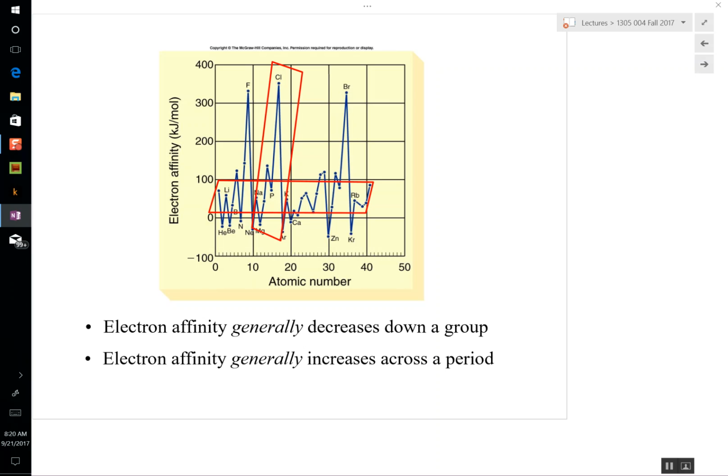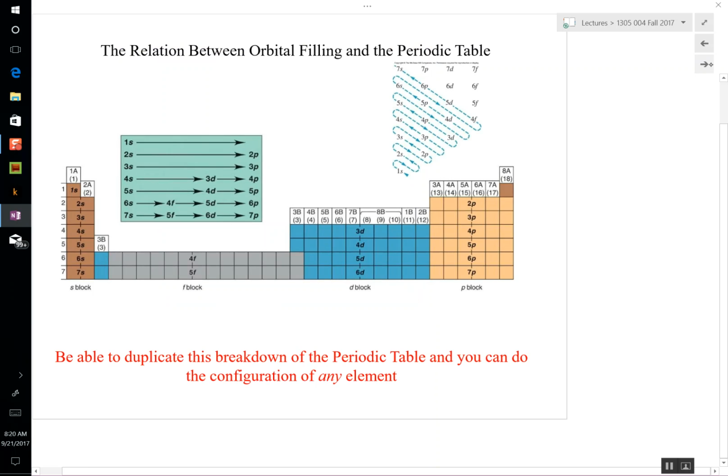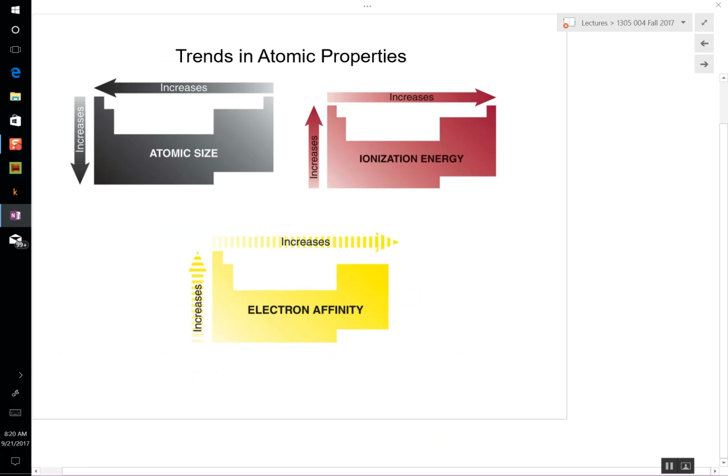These are experimental values. We're looking at the energy associated with these processes. And here, you can see ionization energy increases as you go across the table. Electron affinity increases as you go across the table. It increases as you go up a column. This is summarizing these three major trends that I introduced you to: atomic size, ionization energy, electron affinity.